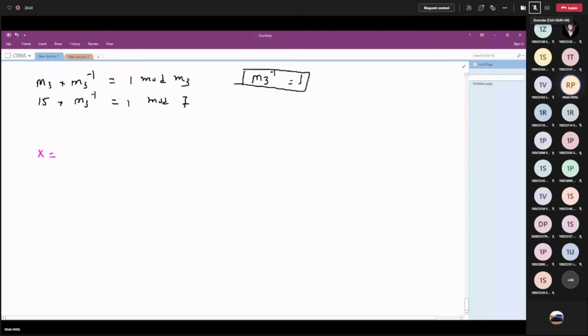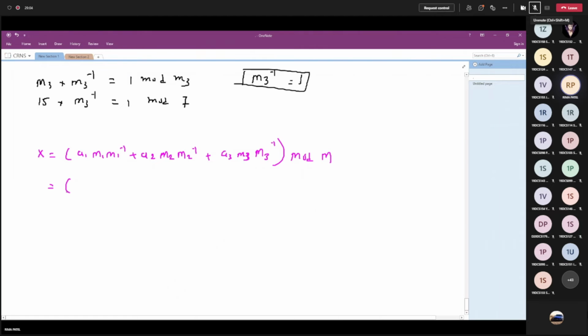X equal to A1 M1 M1 inverse plus A2 M2 M2 inverse plus A3 M3 M3 inverse mod M. Now quickly tell me all the values.